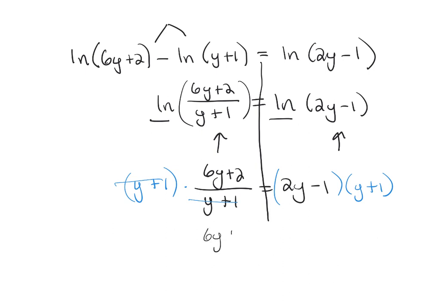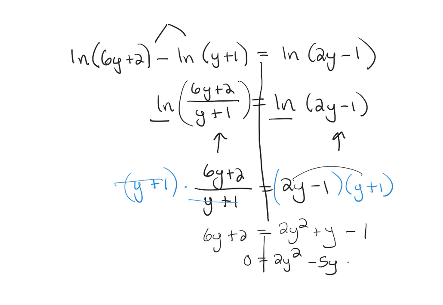So 6y plus 2 equals, let's FOIL this, 2y squared, 2y take away y, so plus y minus 1. Okay, we have a quadratic. Let's set it equal to 0. 2y squared minus 5y minus 3.